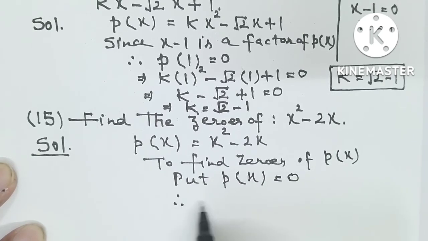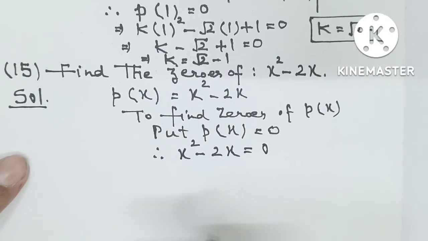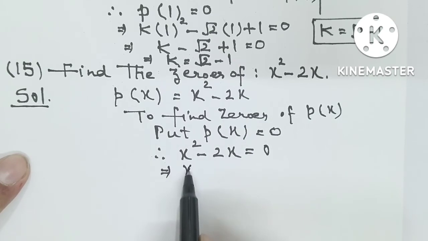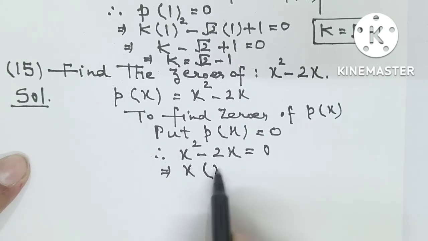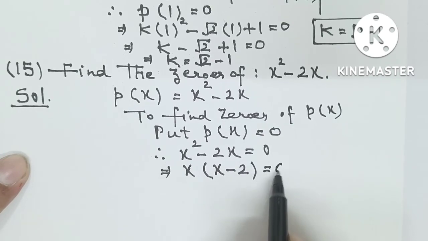So therefore x square minus 2x is equal to 0. Now we will take out x common from here. X square divided by x is x, minus 2x divided by x is 2.